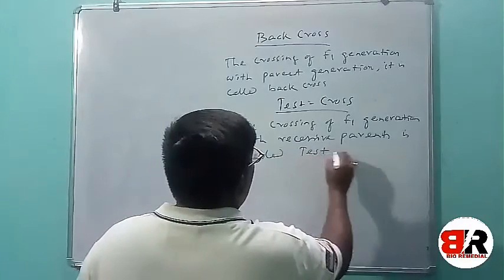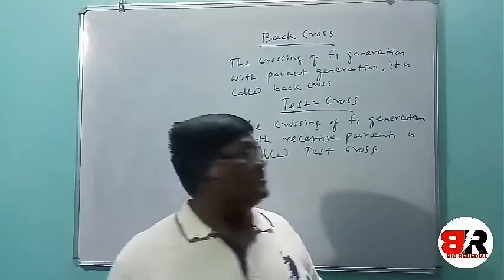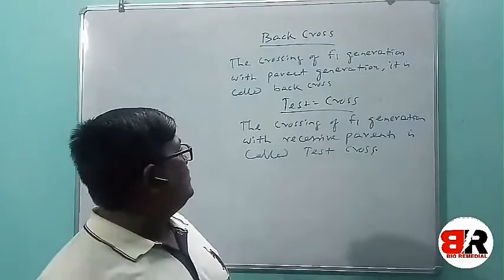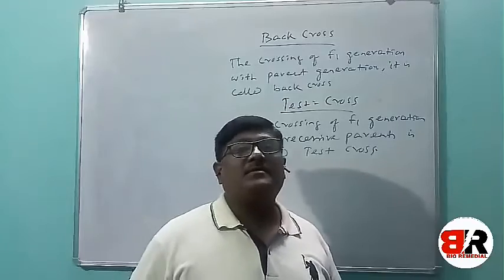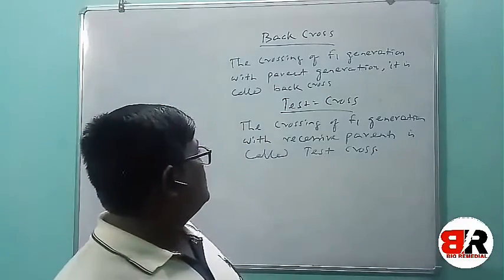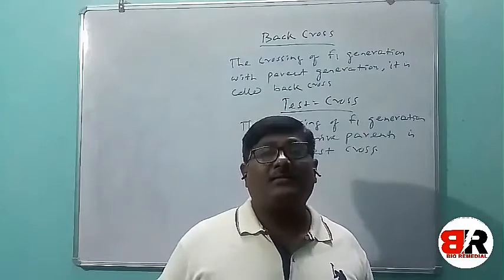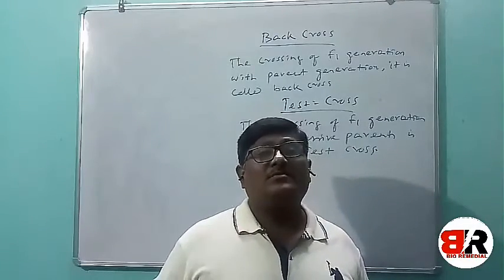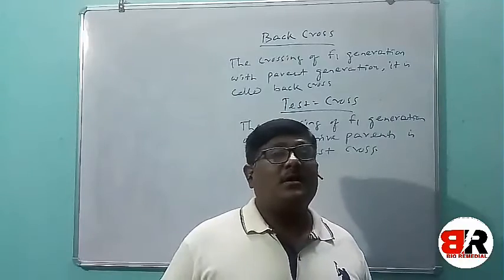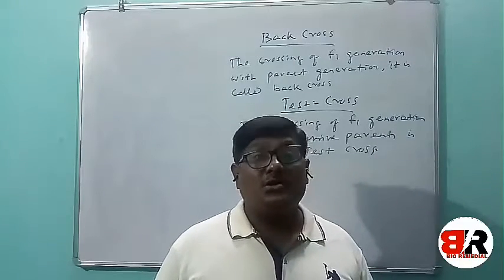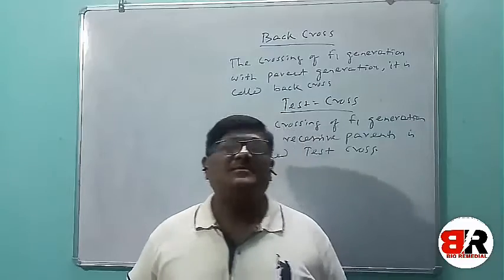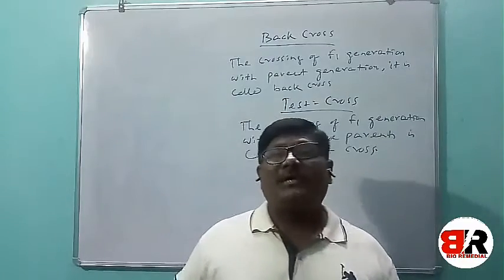The crossing of the F1 generation with recessive parents is called test cross. Suppose we are given a plant, or any organism, and we have to identify the genotype. The phenotype can be seen. We can see the phenotype.